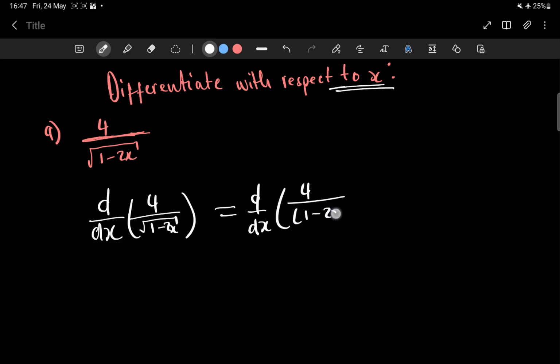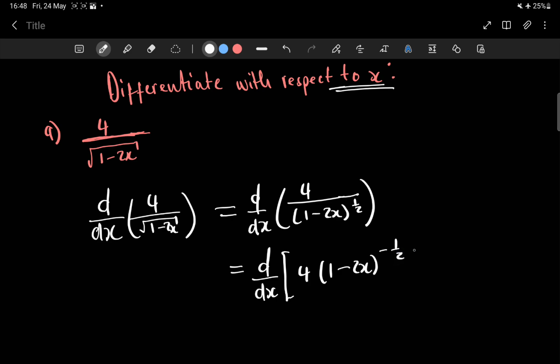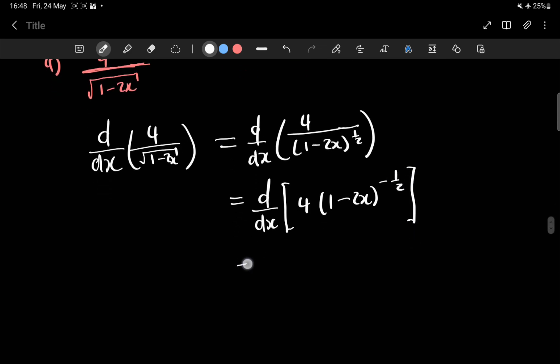So it will be 1 minus 2x to the power of half, which is going to be equal to d/dx, the derivative of 4, this is to the power of half in the denominator. I can't have my x in the denominator, so I'm going to lift it up to be in the numerator. So it will be d/dx of 4 multiplying 1 minus 2x to the power of negative half. Okay, it becomes negative. The sign changes.